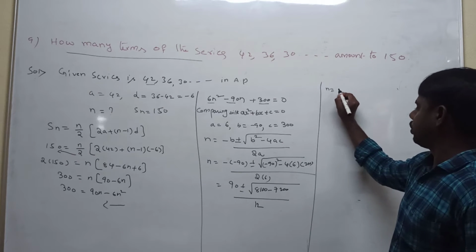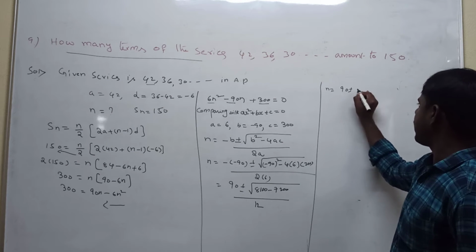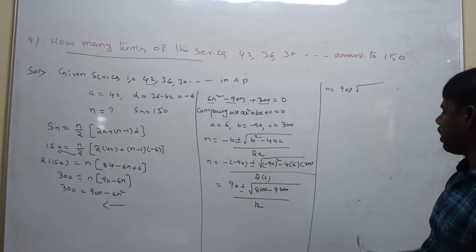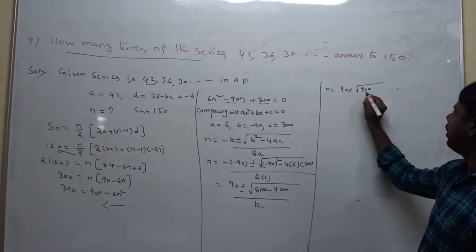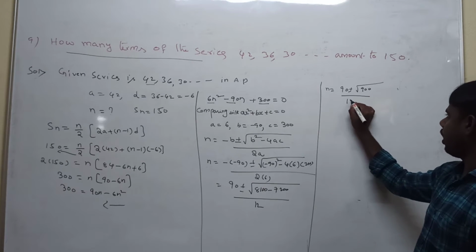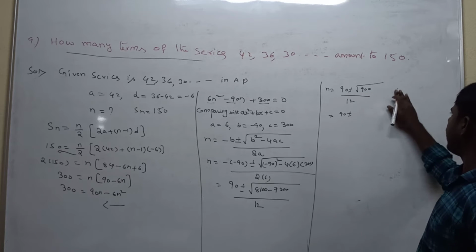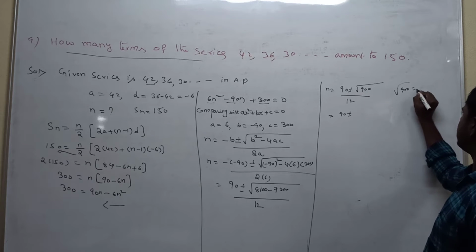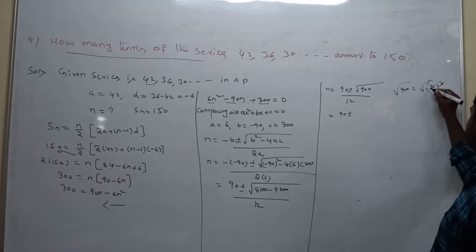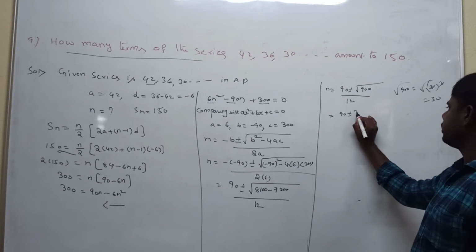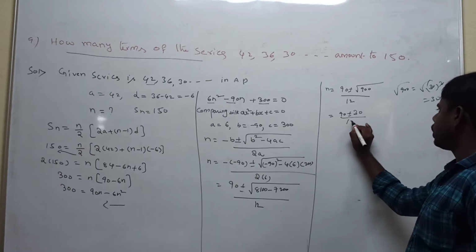n is equal to 90 plus or minus square root of 8100 minus 7200, which is 900, divided by 12. That is 90 plus or minus root 900. 900 can be written as 30 square, so the square root cancels and we get 30, divided by 12.